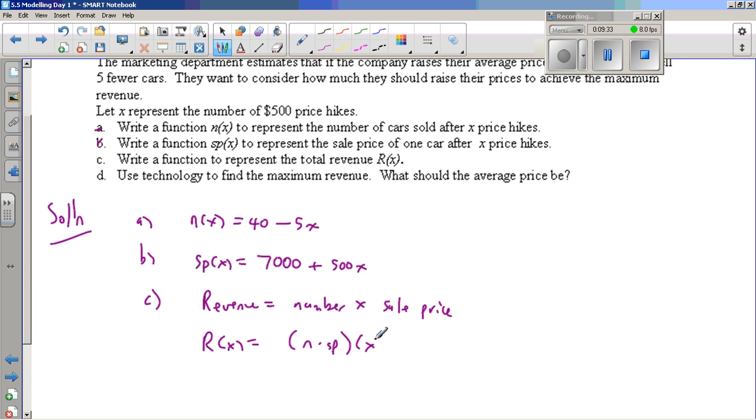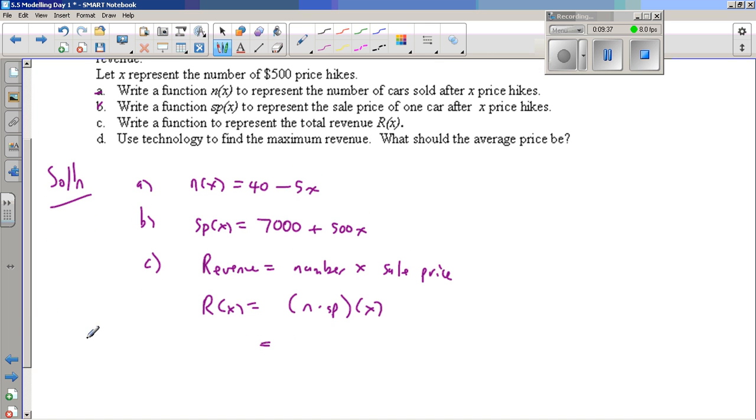The product function, not the composition function, the product function. So I would just take these two individual functions and multiply them. And actually, you saw this example way back in grade 10 because this ends up being a quadratic function. And that's our new revenue function.